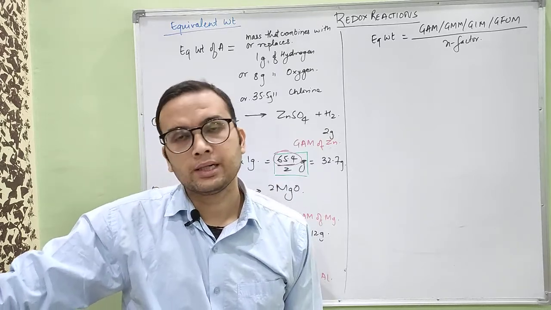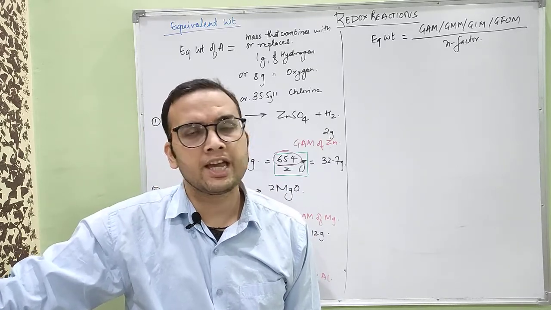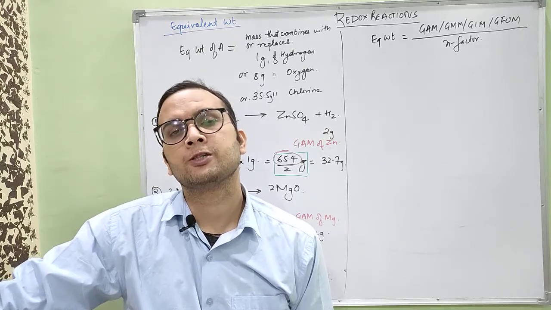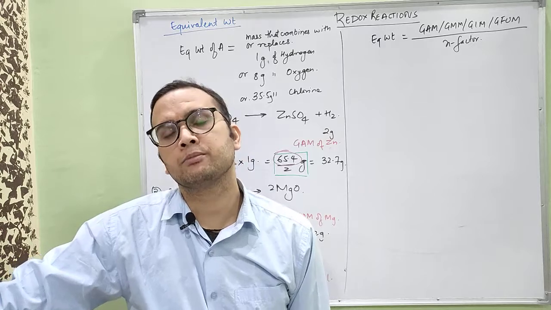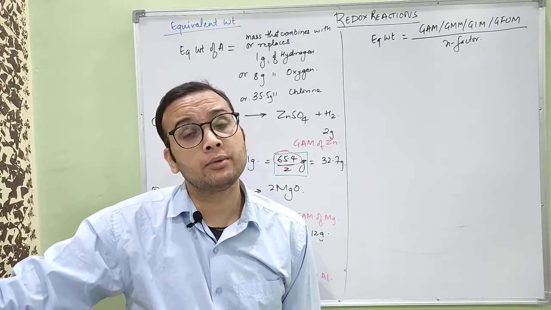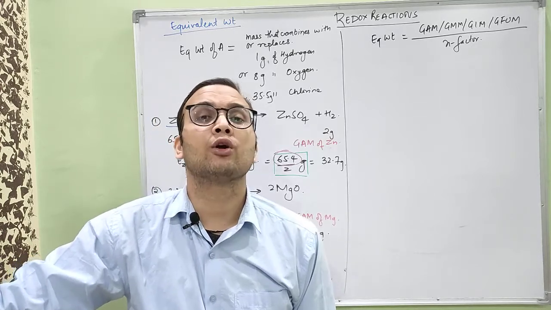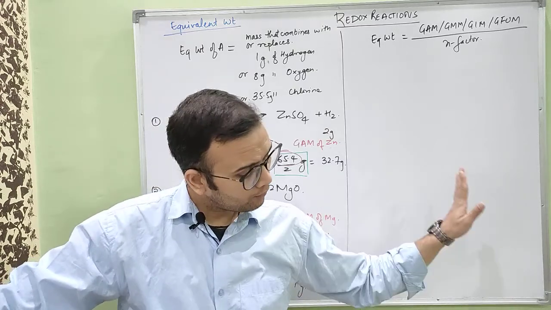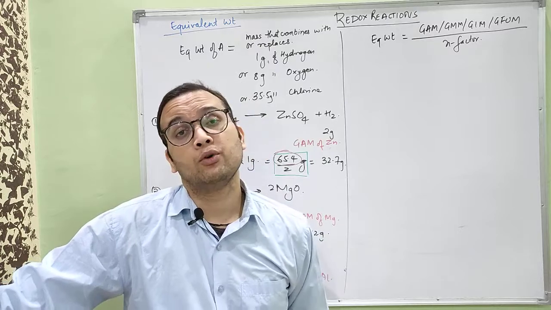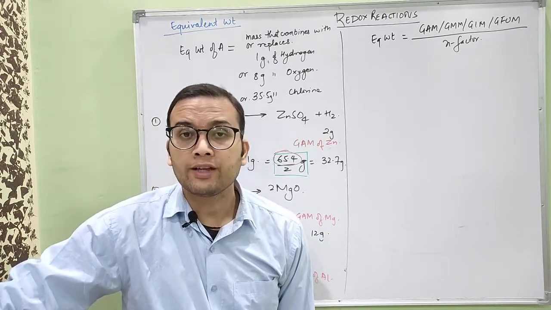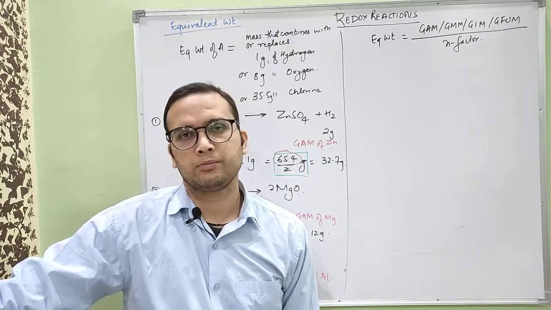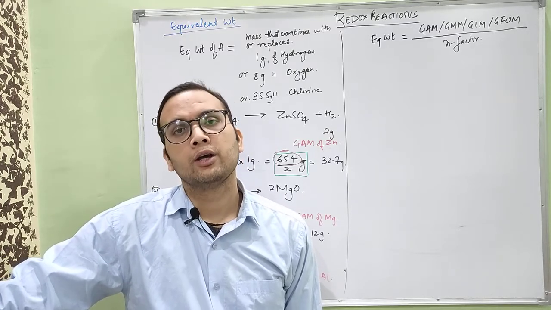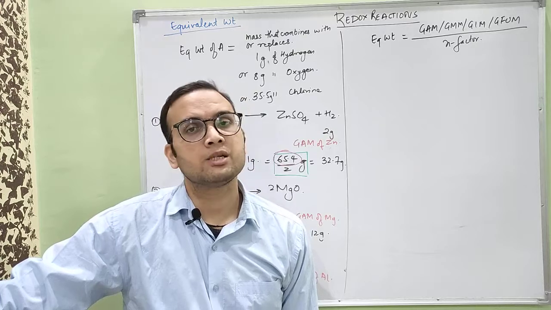Since GAM, GMM, GIM and GFUM are calculated for 1 mole of the species, therefore equivalent weight is also always calculated for 1 mole of the species.